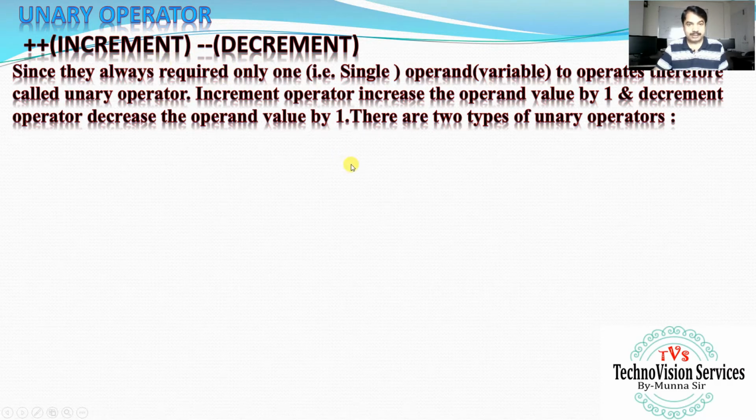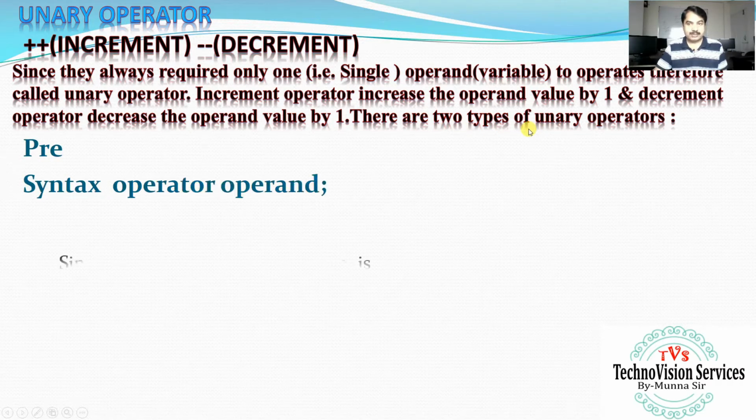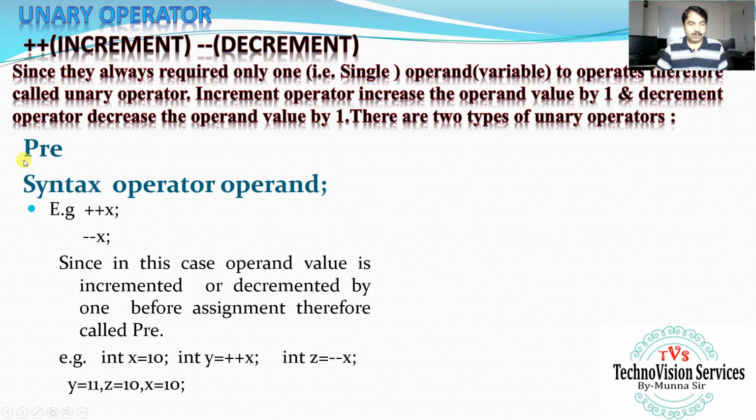So what is the pre operator? What is the syntax? Operator then operand, which means we always use the operator first and then the operand. For example, ++x means the operator comes before the operand, therefore it is called pre. --x is also a pre unary operator.